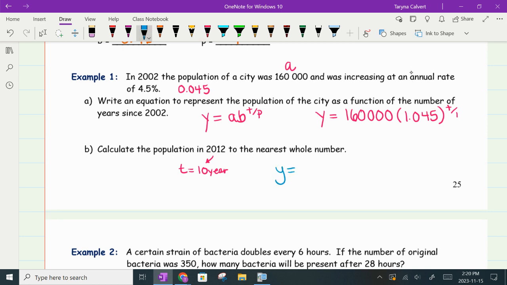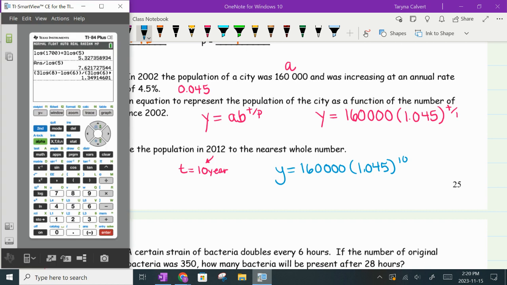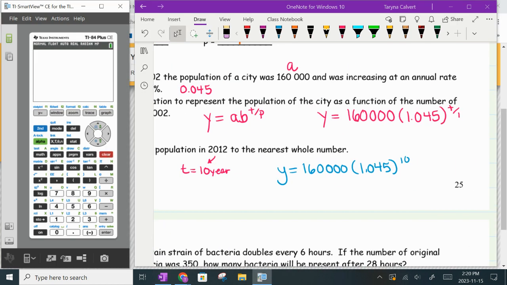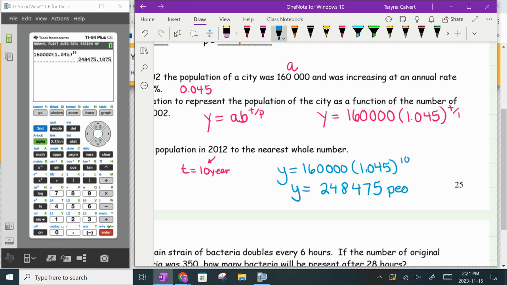So then I can use my equation. y equals, so if this trend continues, in 10 years, they're going to be, let's say nearest whole number, 248,475 people. And we're done.